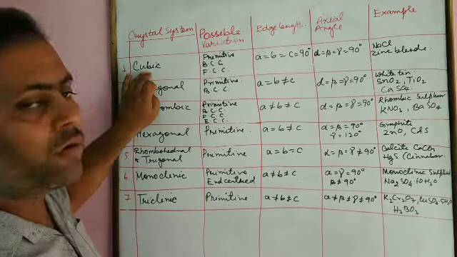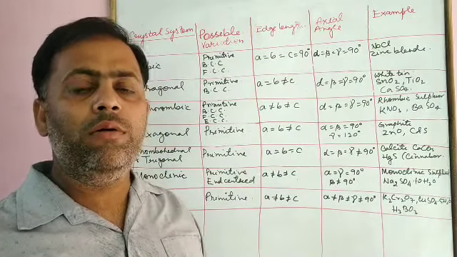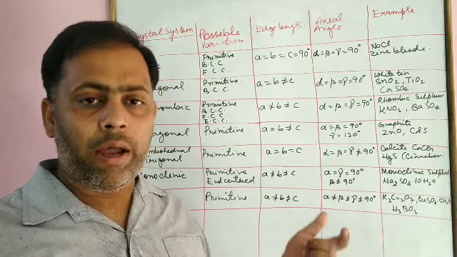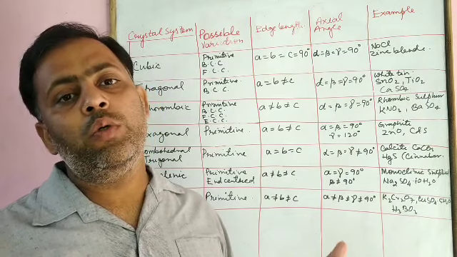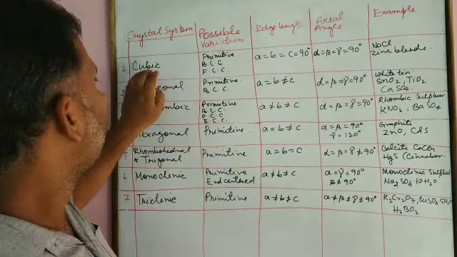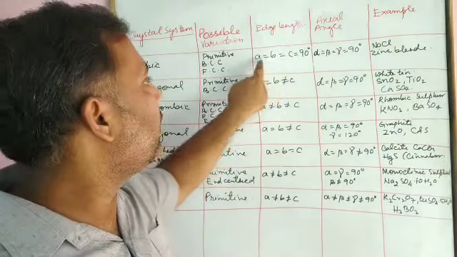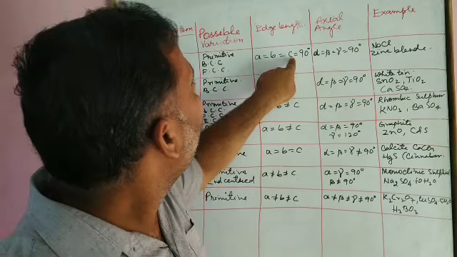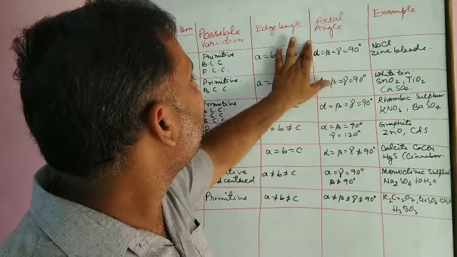The first one, we know, cubic. As the name implies, in that case all sides are equal and the angle between all the sides is equal to 90 degrees. Let us discuss. In case of cubic, a equals b equals c, it means all sides are equal.